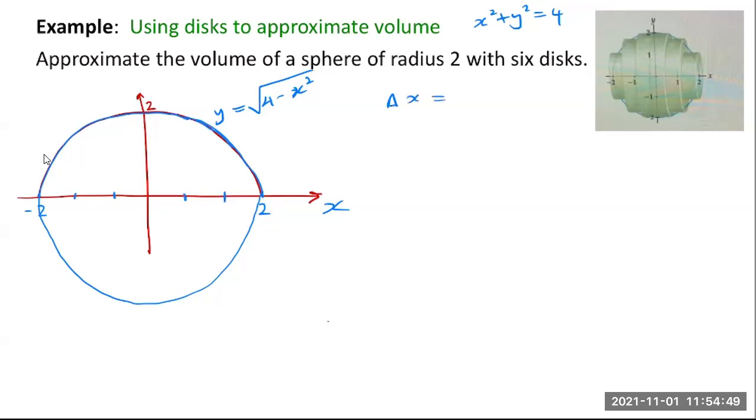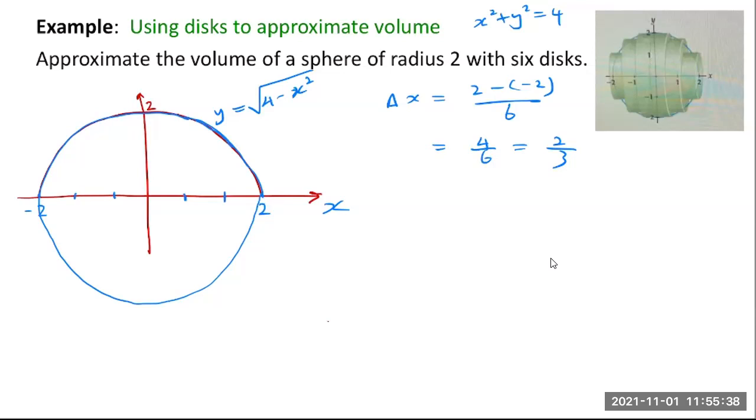Delta x is going to be b minus a over, not over 2, over 6, because I divide my interval into 6 equal sub-intervals. 2 minus negative 2 is 4, so you get 4 over 6, which is 2/3. Okay. All right. Now I know my delta x.